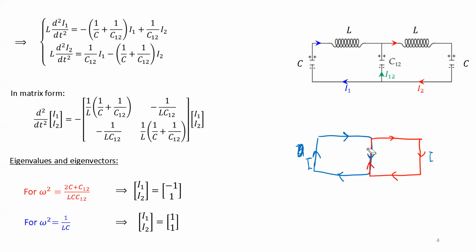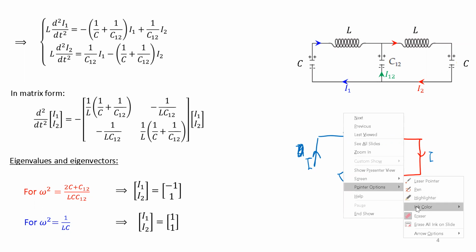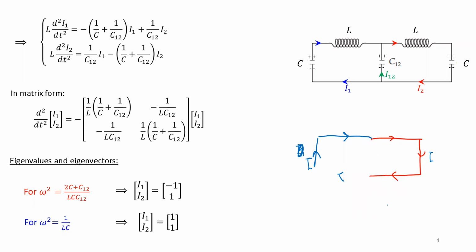If there's no current over here, I can just ignore this part of the circuit and draw a big loop like this, completely ignoring this one.